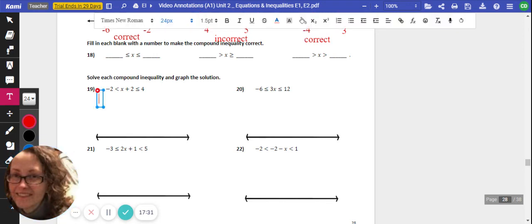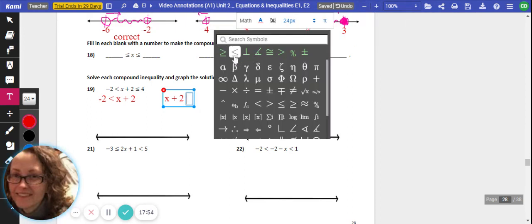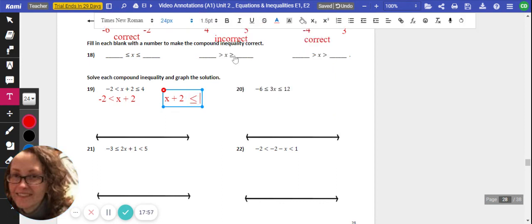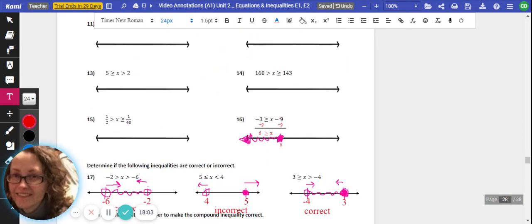So I'm going to write my -2 less than x plus 2 as one inequality, and then I'm going to have x plus 2 less than or equal to 4 as another inequality.